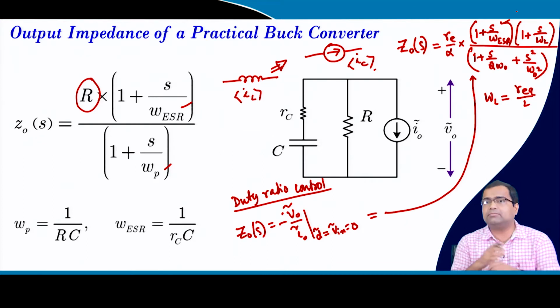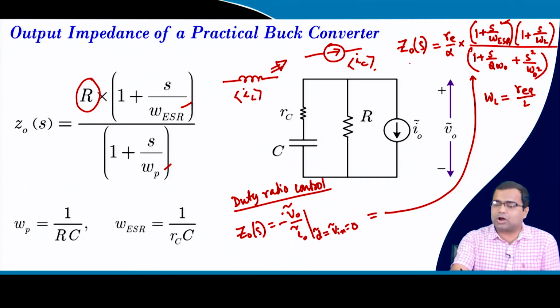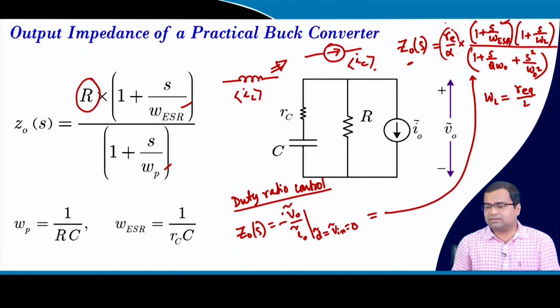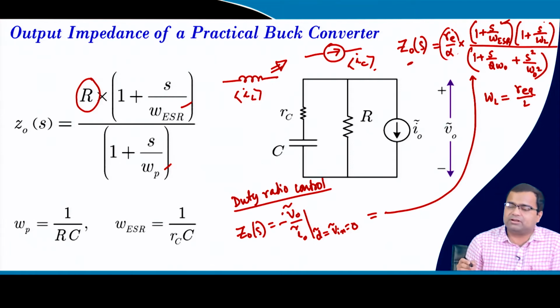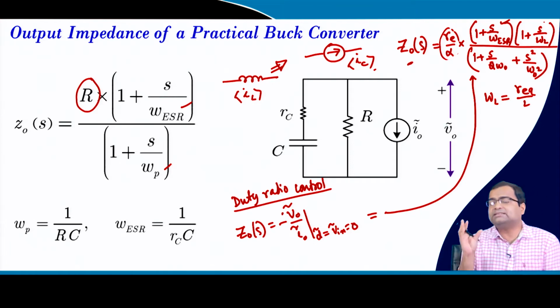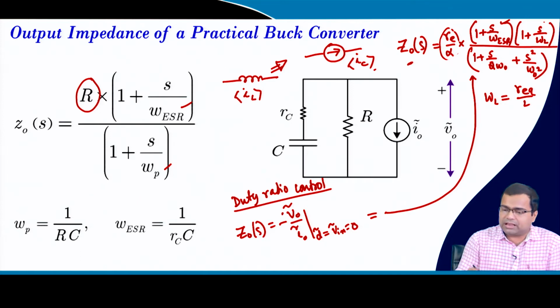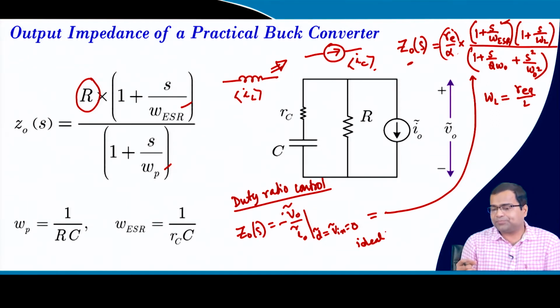For an ideal buck converter, this term will not be there, and this term will not be there. So the output impedance will have only the RLC circuit, that means there is no parasitic component. For the ideal case, even if you apply limit S, this coefficient Re tends to 0 and the other term.